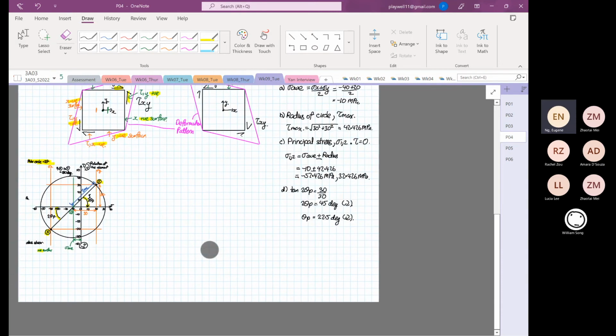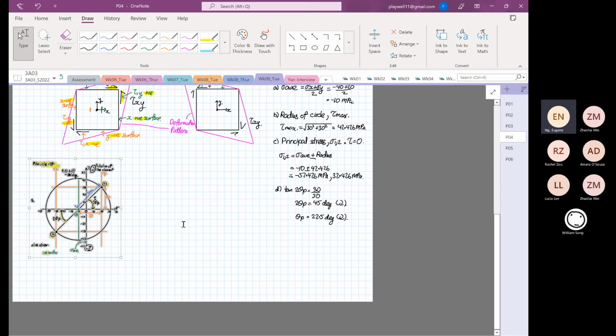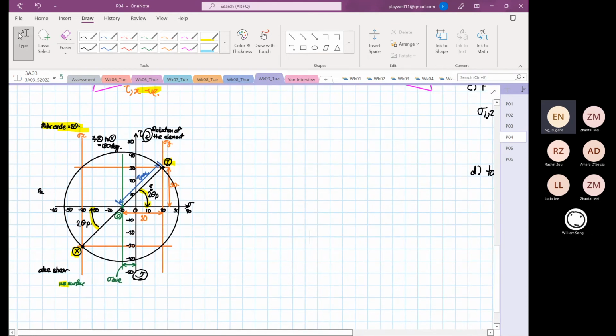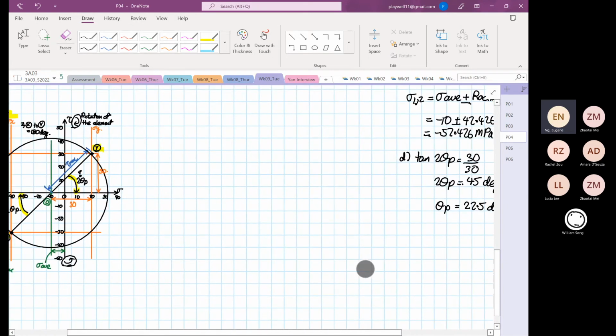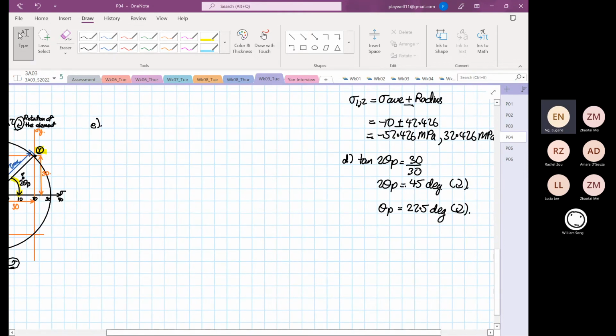Okay. So what we are trying to do down here is now construct the element at its principal plane. And I need this diagram nearby so that you can see what is going on. Okay. So this is part E of the question. Okay. So we just found out that the principal plane is 22.5 degrees in a clockwise rotation.